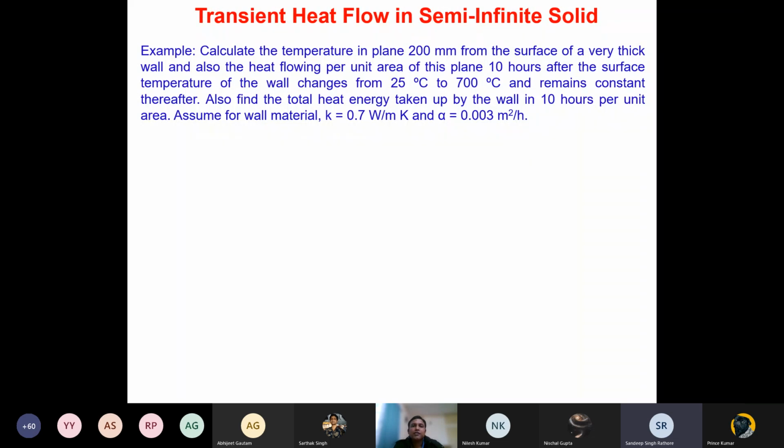So let's take this example of a transient heat flow in a semi-infinite solid. Calculate the temperature in a plane 200 mm from the surface of a very thick wall, and also the heat flowing per unit area of this plane 10 hours after the surface temperature of the wall changes from 25 to 700 and remains constant thereafter. So initial temperature was what?